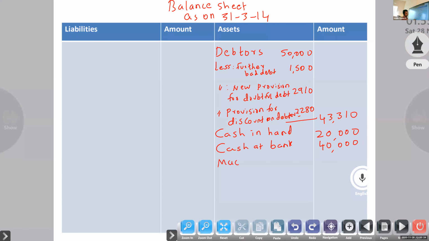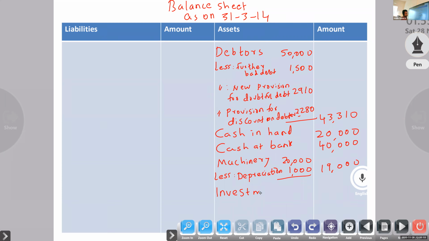One adjustment is there. Machinery 20,000. Less depreciation. We wrote in the profit and loss account 1,000. So 19,000.